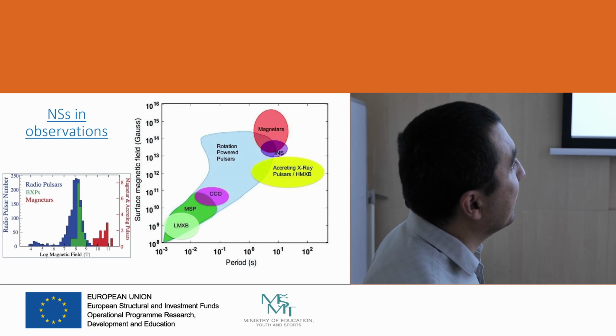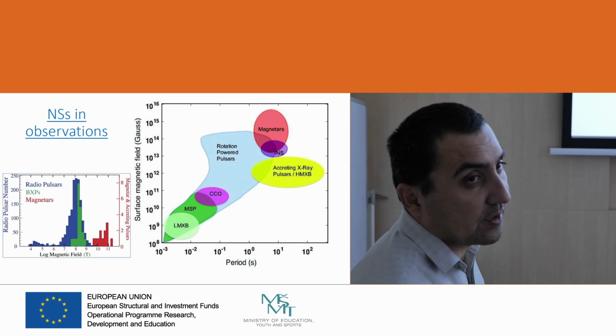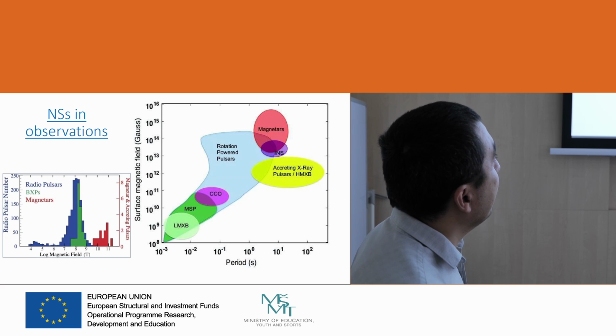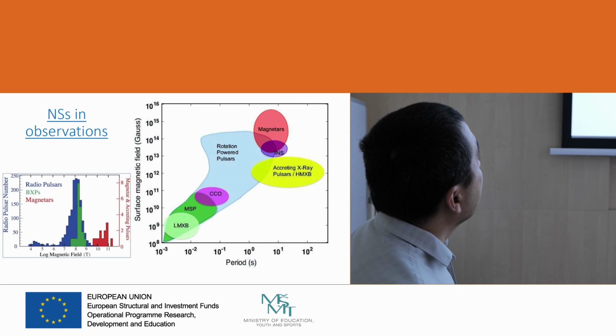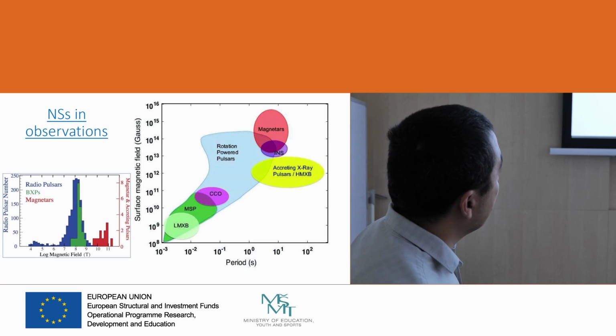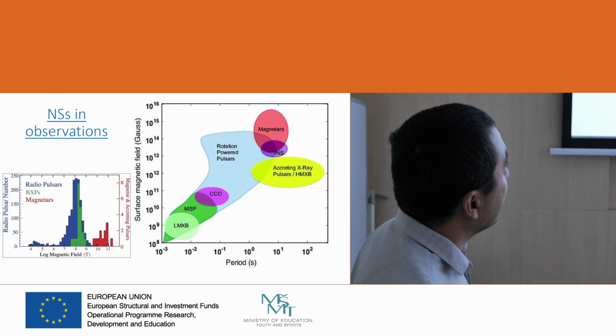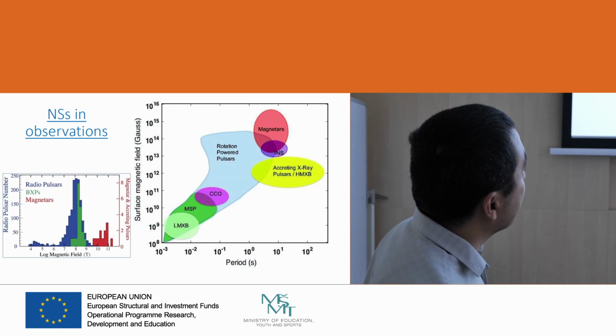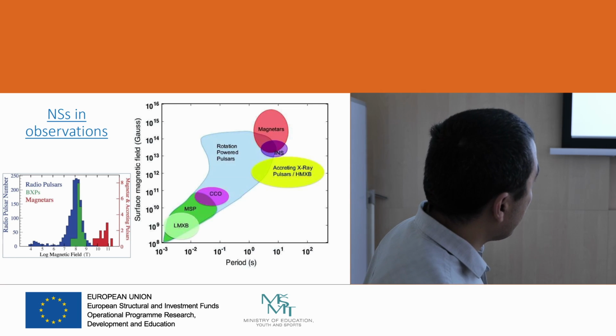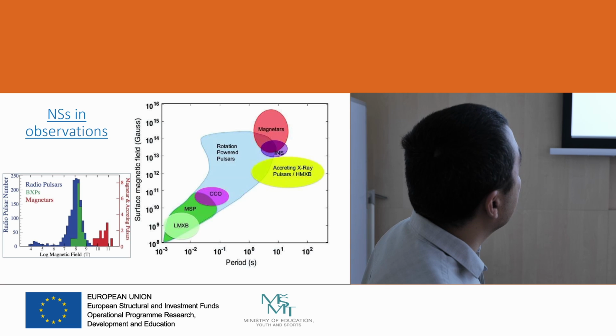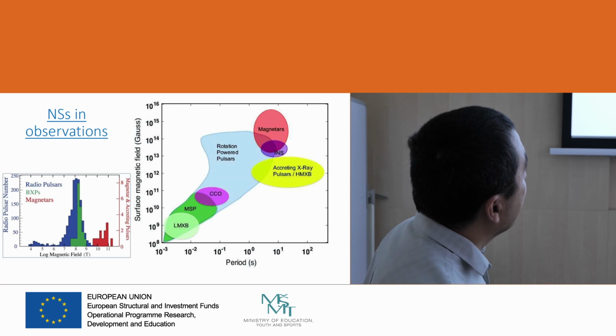In this plot, it is magnetic field versus period, similar to the P-Pdot diagram. We can see the number of radio pulsars and magnetars observed, and mostly the observed pulsars are radio pulsars.